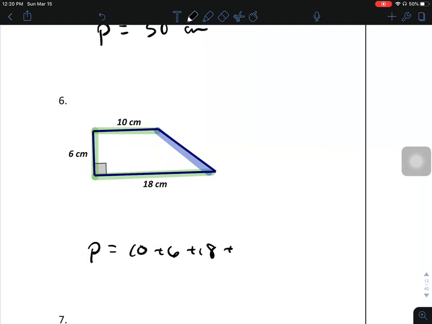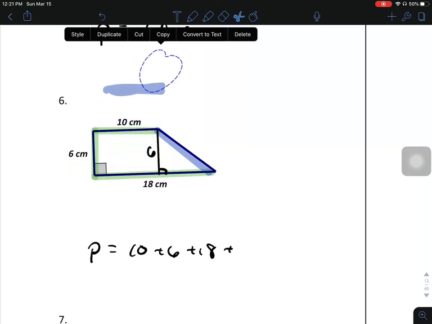If we drop a perpendicular here, like so, that's going to make this side that's 6, make this also 6. This shape in here is a rectangle. If this side is 10, then the opposite side down here has to also be 10.